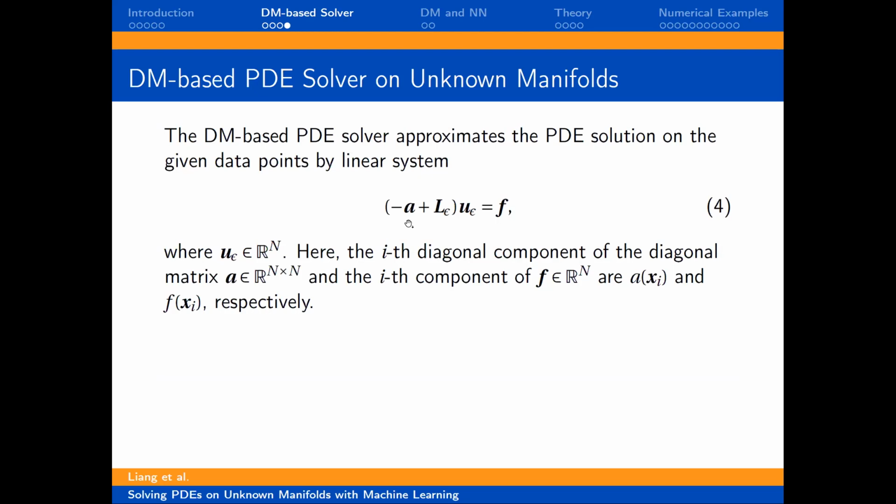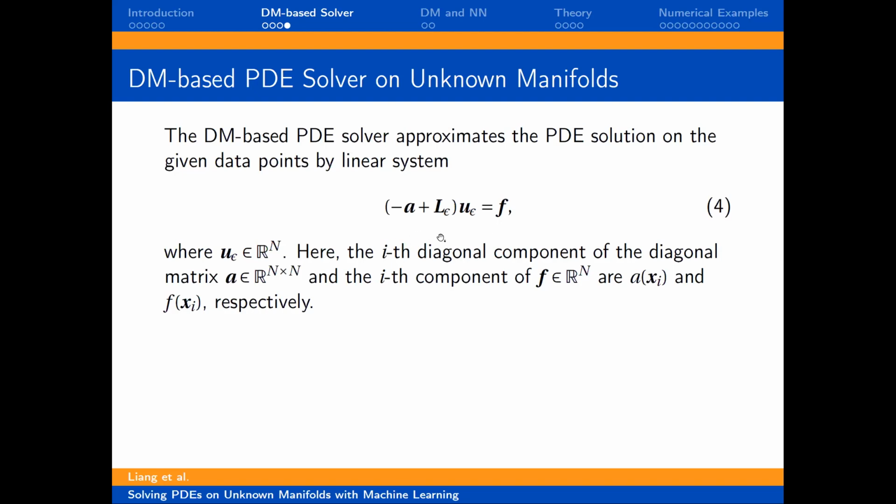Here negative A is a diagonal matrix with the ith diagonal component equal to A(Si), L epsilon is our diffusion mapping discretization, and F is a vector with the ith component equal to F(Si). Then we can solve this linear system to get the solution on the given point cloud data.